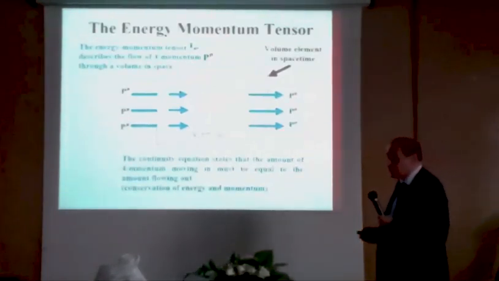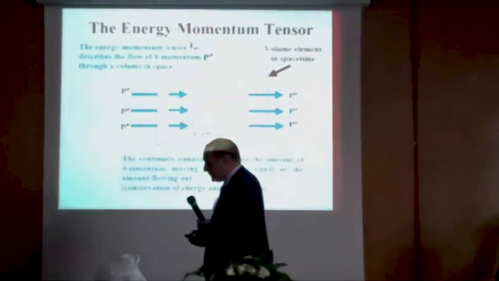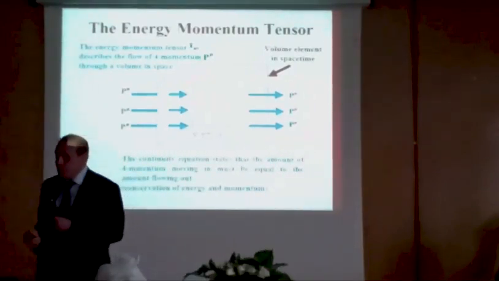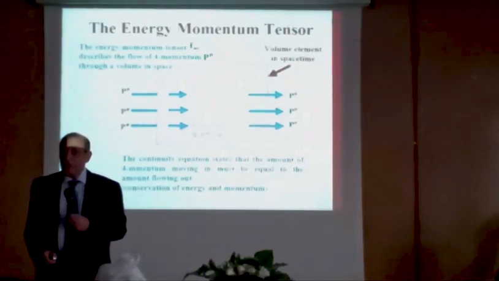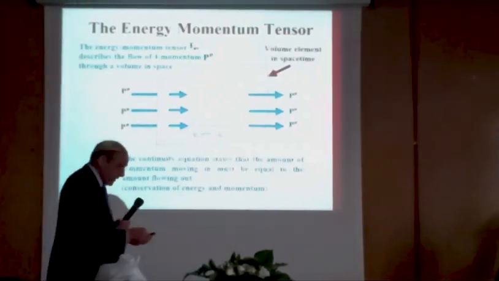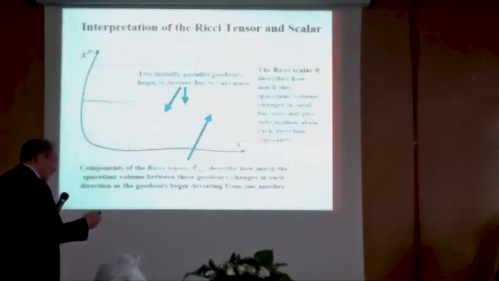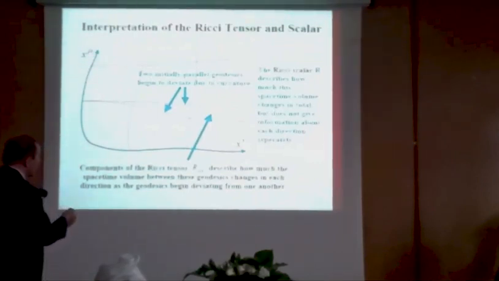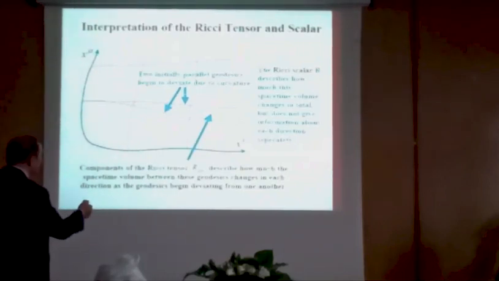I come to a quantity which is very important in general. Unfortunately, yes? I don't get what it means for a volume to change in a certain direction. See, I'm now moving in this direction. This could be another curve here. So I can move from one point here to another volume.